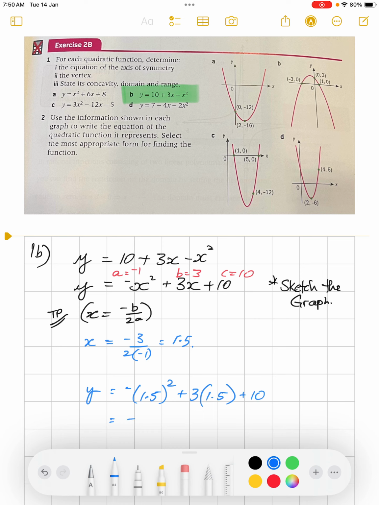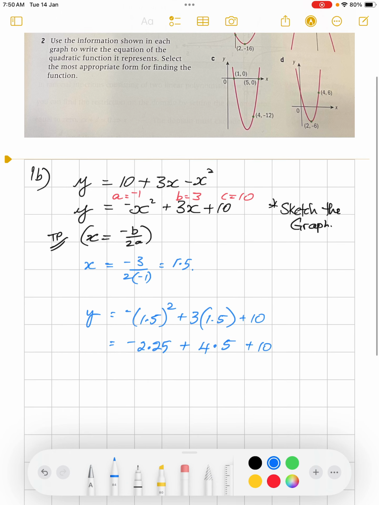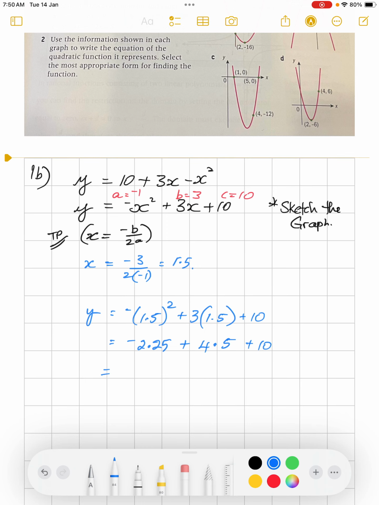So it's negative 2.25 plus 3 times 1.5, 4.5, plus 10. So we've got negative 2.25 plus 4.5. So we've got, is it 2.25 positive plus 10?